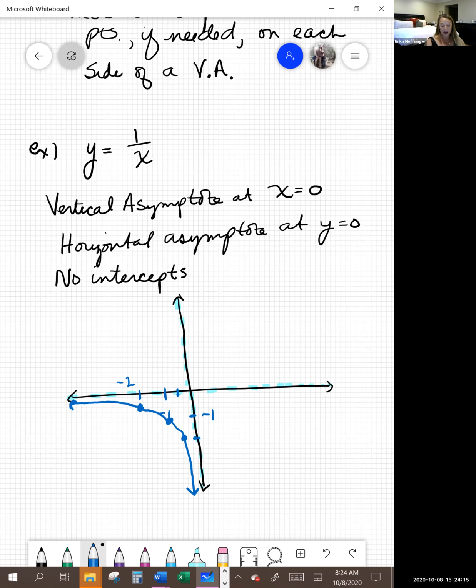This is actually an odd function. So odd functions are reflected across the origin. And odd means, recall, if I plugged in -x for wherever I saw an x, this would be the same thing as if I had -y.